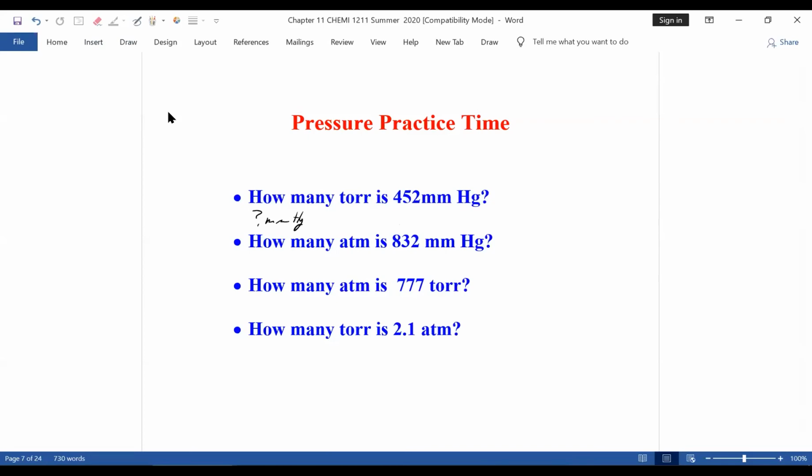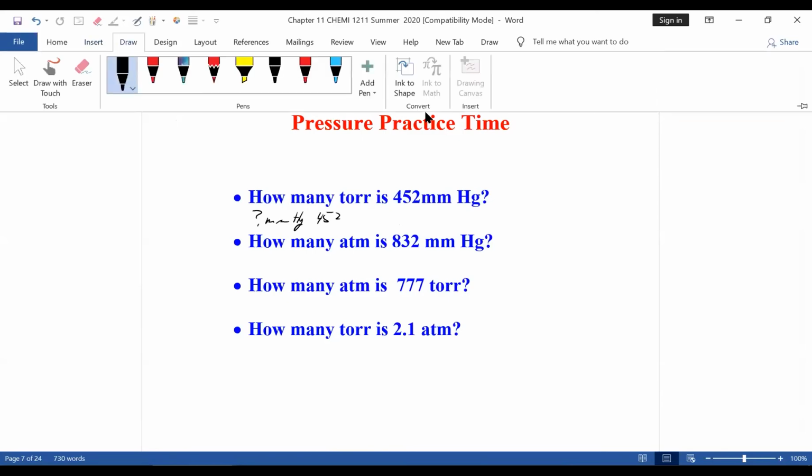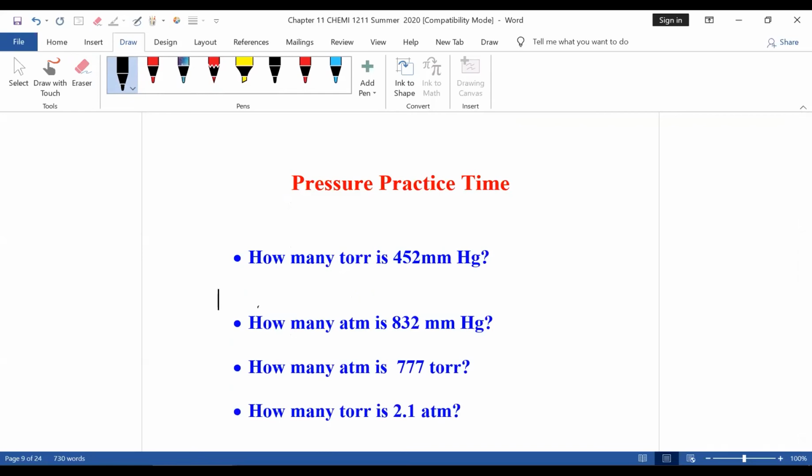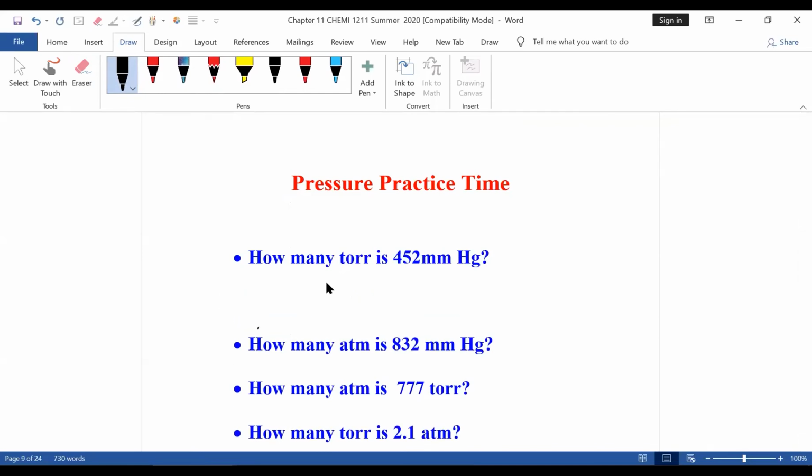What are we given? What are we trying to find? Torr. What are we given?